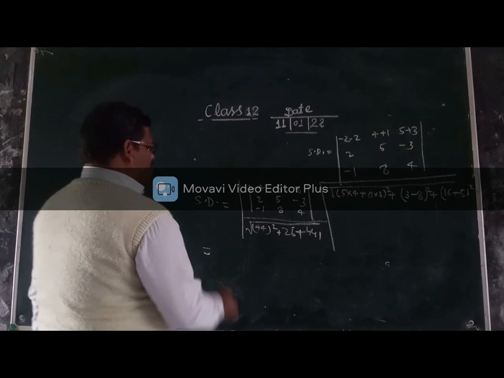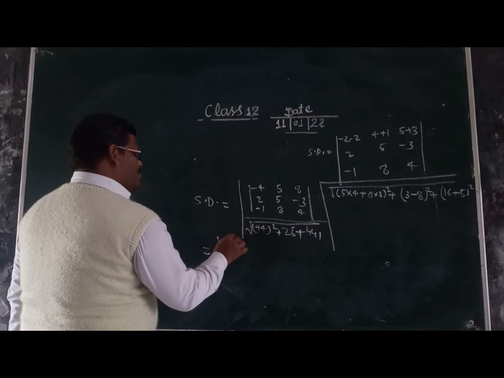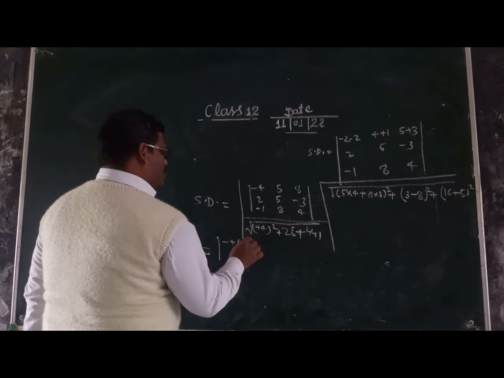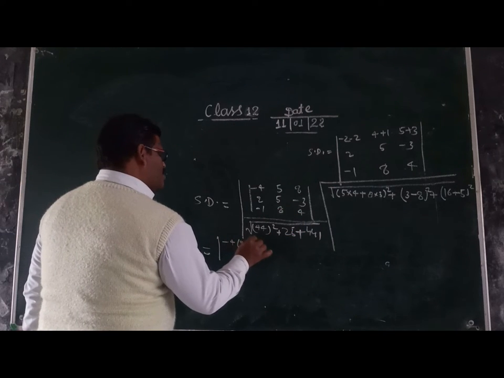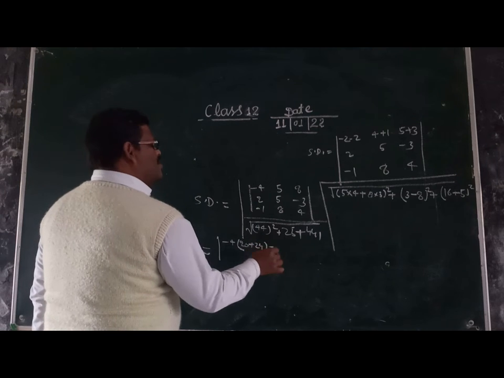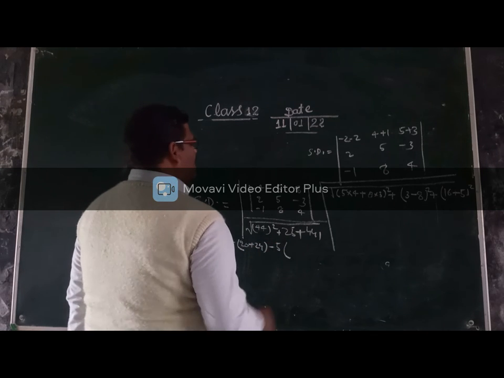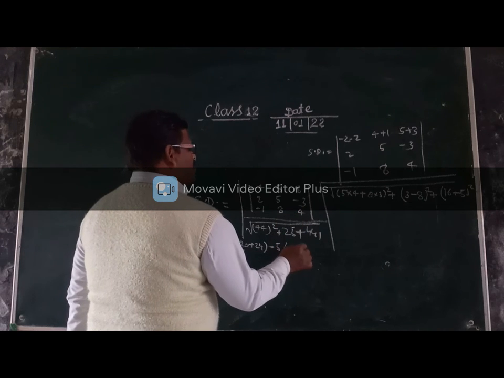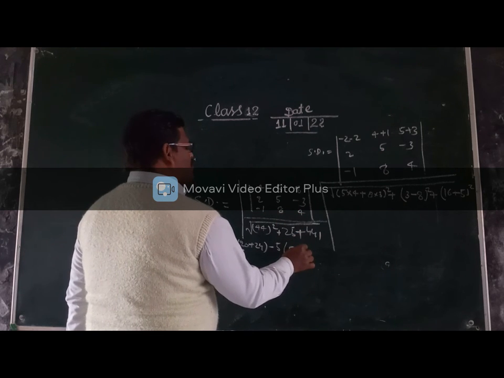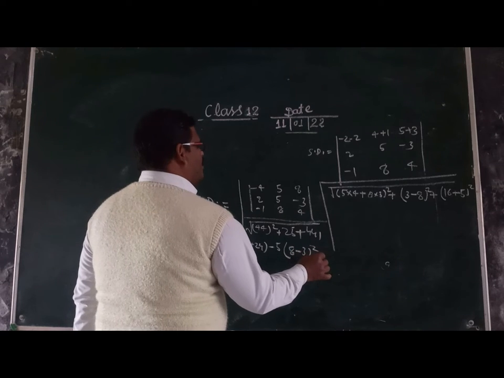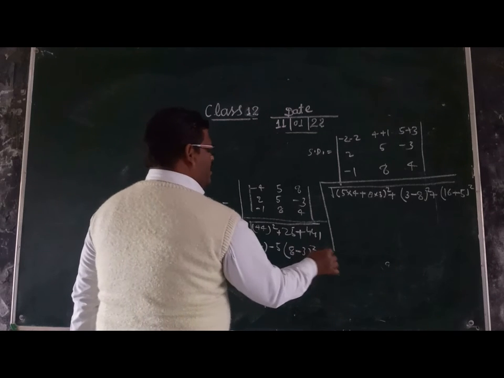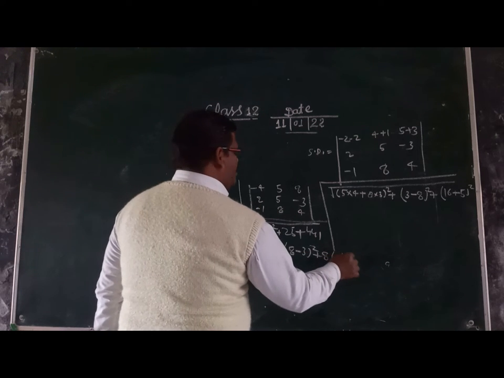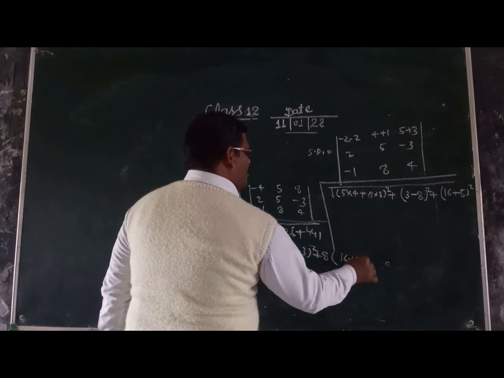Now the expansion of the determinant, mod of minus 4 multiplied by (20 plus 24), minus 5 multiplied by (2 into 4, 8, minus of minus, plus), plus 8 times (2 into 8, 16, minus of minus, plus 5).